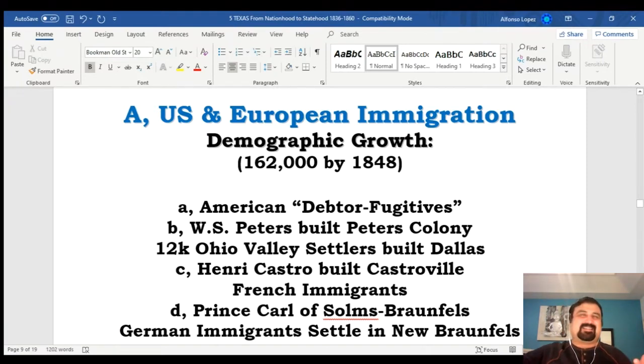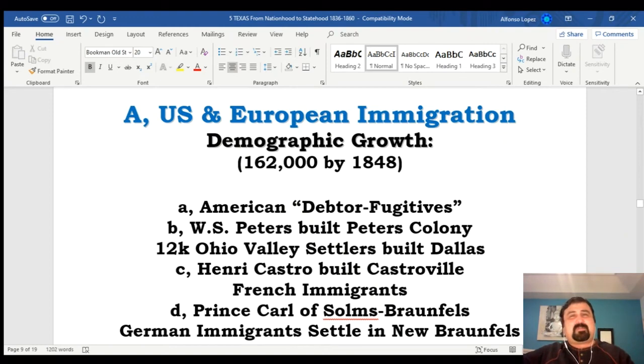Considering, again, that roughly speaking, at the time of independence in 1836, there were 40,000, perhaps 45,000, okay? But now there's going to be 162,000, okay? So this is about 4 times what it was initially in 1836, in a 10-year period. Again, this is going to be an explosion of population.